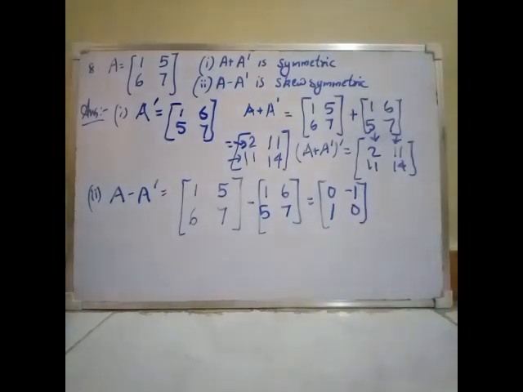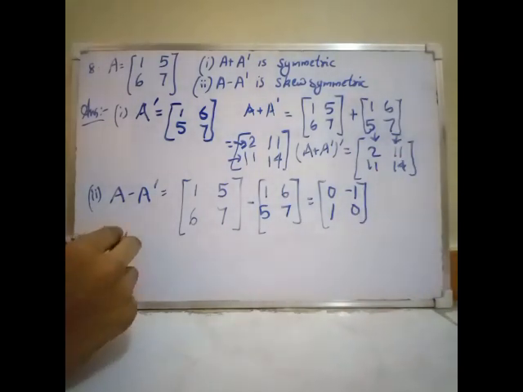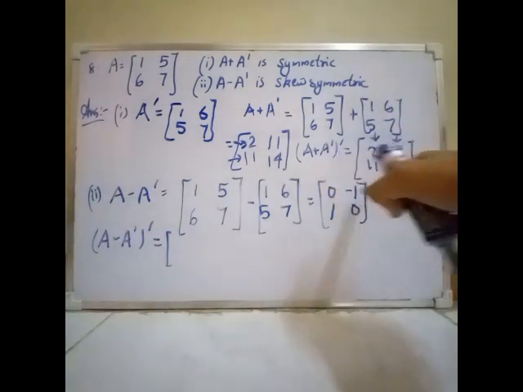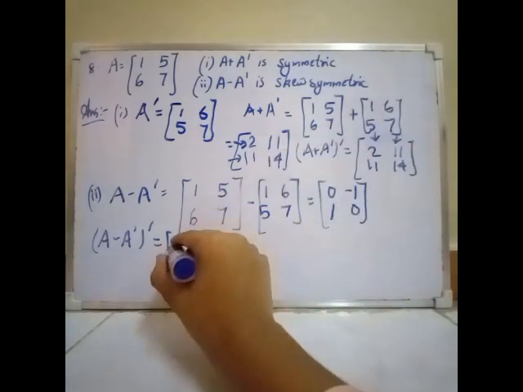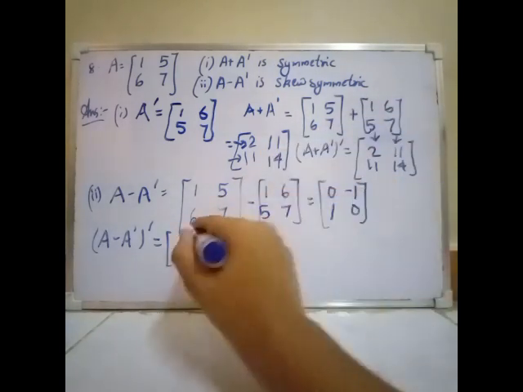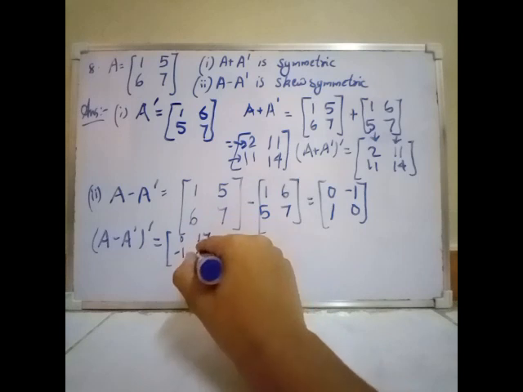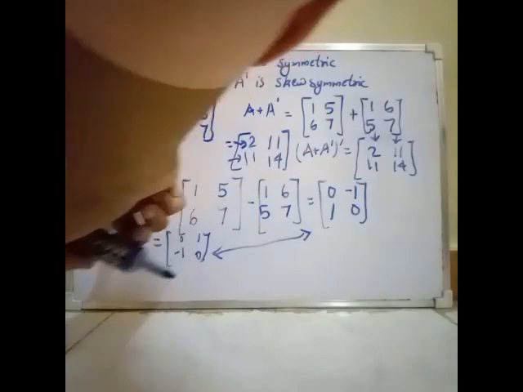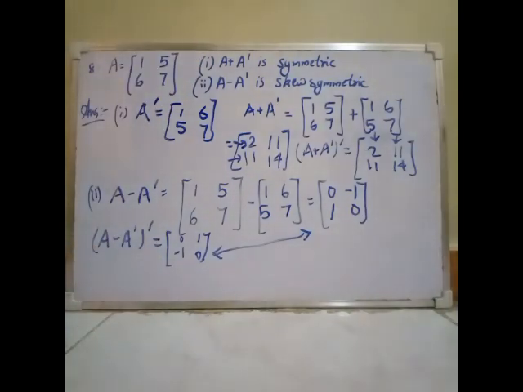So let's take A minus A dash whole dash, the transpose of the matrix. Now take the transpose of this: 0 minus 1 and 1 0. Now compare these two matrices together, A minus A dash and A minus A dash whole dash, right?